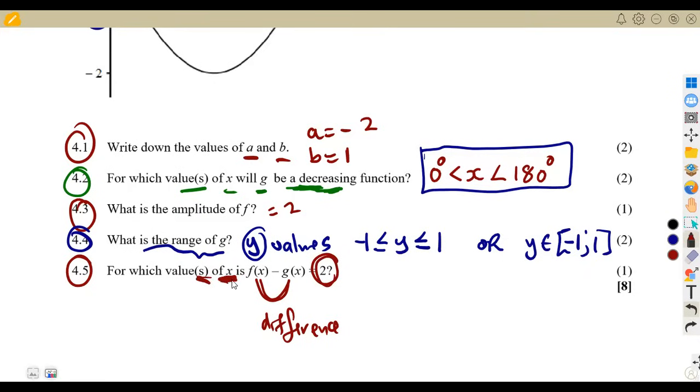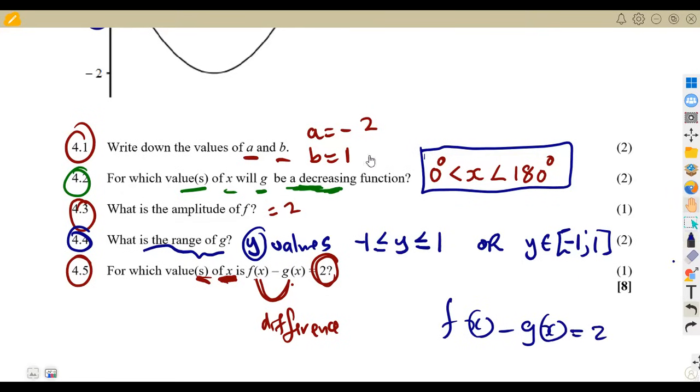X is supposed to be the answer. So take note, it's f of x minus g of x. F of x must subtract g of x in order to get a 2.